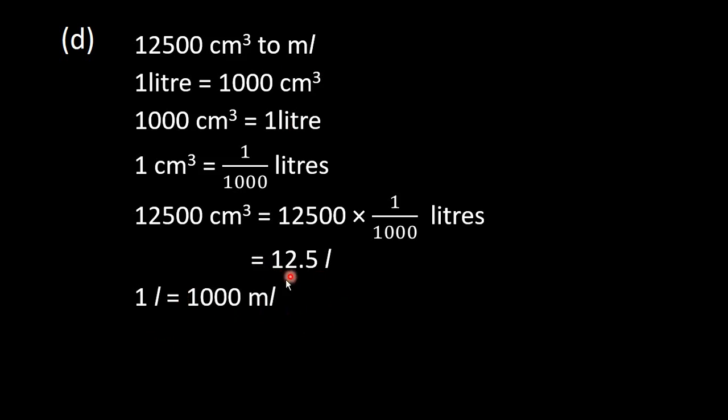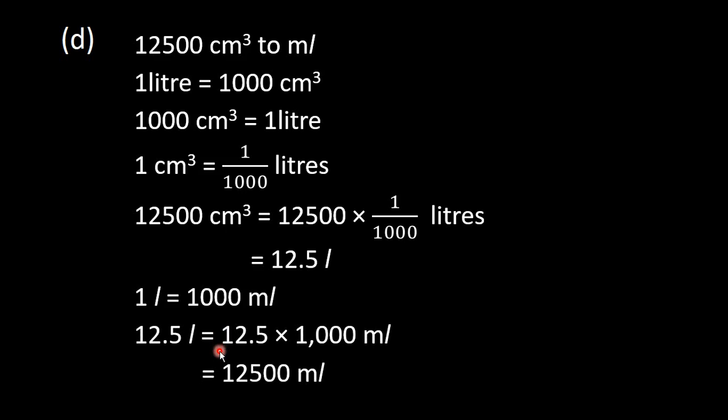And so if I have 12.5 liters, it is going to be the same as 12.5 times 1,000 milliliters, which will give us 12,500 milliliters. So it implies that 12,500 cubic centimeters is equivalent to 12,500 milliliters.